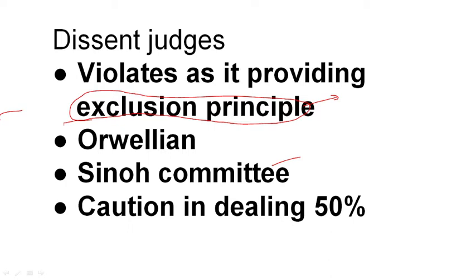Justice Ravindra Bhat, who raised his voice against this constitutional amendment, particularly this exclusionary principle, brought this idea very clearly. First, its exclusion principle is very arbitrary because it is not helping the weaker sections in the other categories.